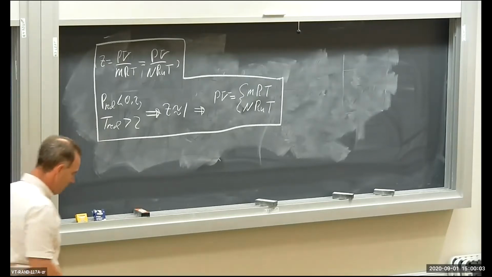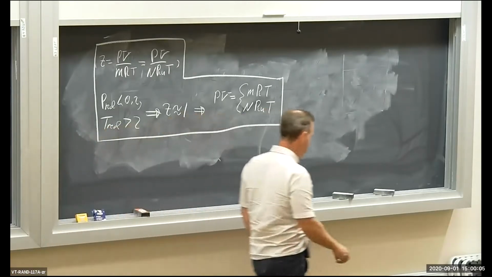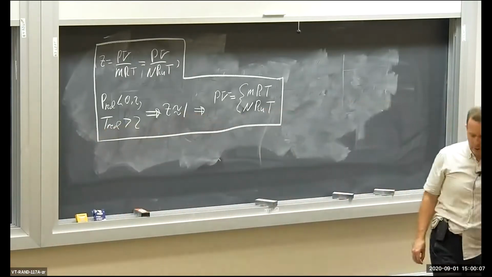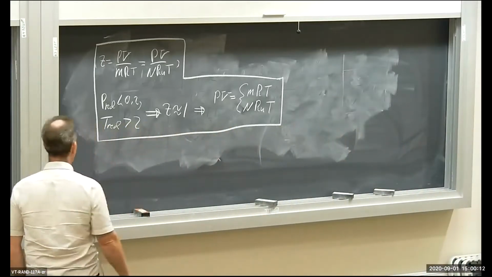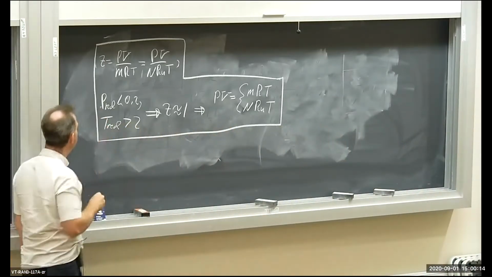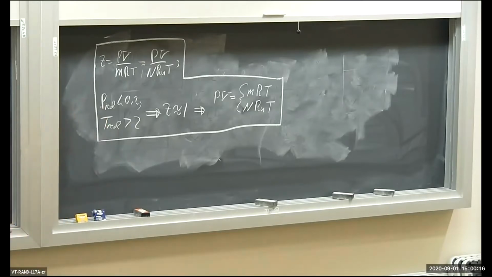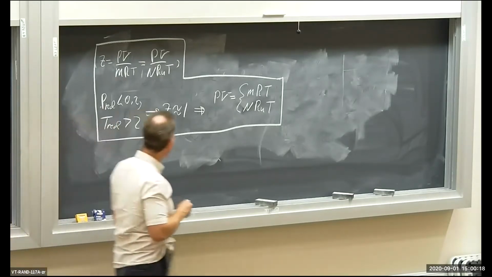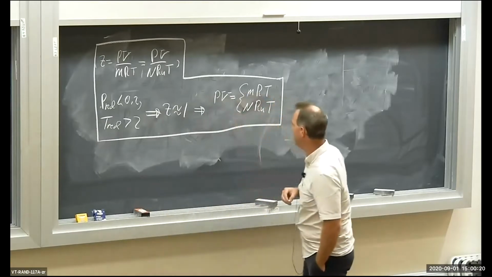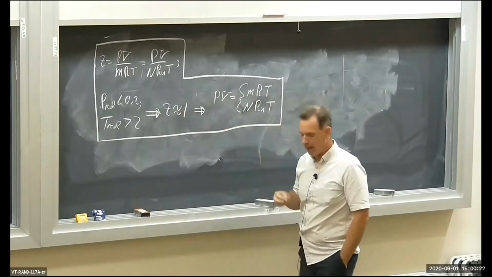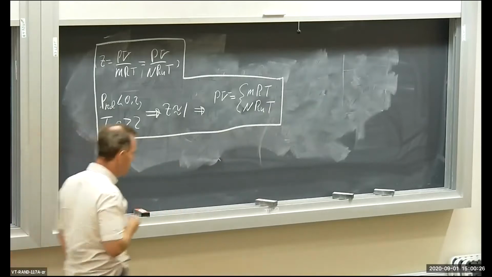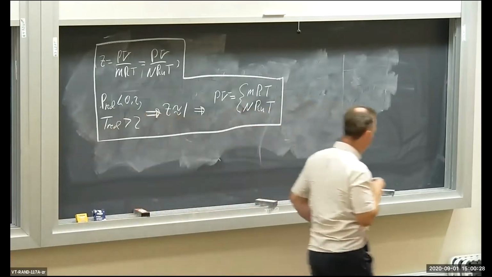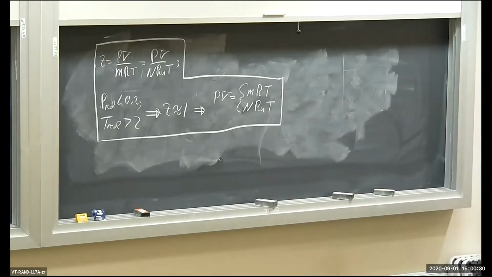Definition of the compressibility factor Z. Z is a function of temperature and pressure. Under certain ranges of temperature and pressure or reduced temperature and pressure, we can say Z is approximately equal to 1, and then we get the ideal gas law, okay? This is the ideal gas law. PV is equal to MRT, or PV is equal to NRUT, ideal gas law, all right?